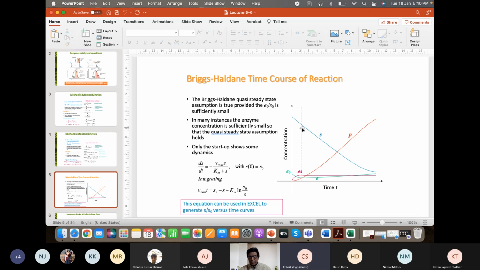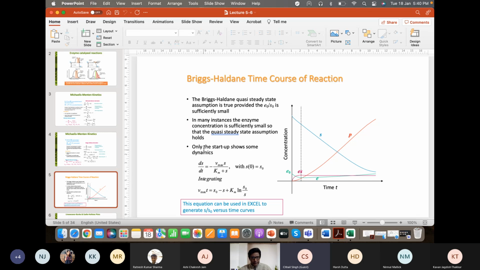And of course, based on the turnover numbers, X moles of substrate will give you X moles of product, depending upon the stoichiometry. Clear? Now, there are several things that you could do.